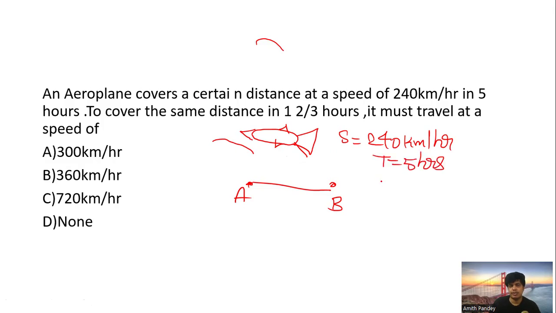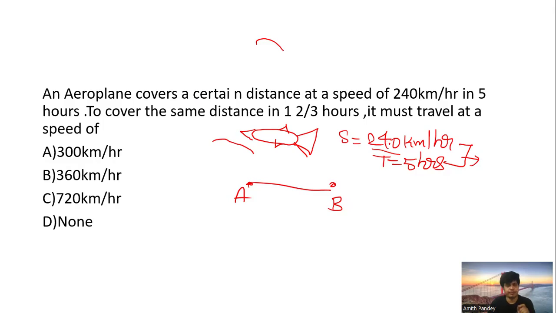Fine. So the next thing they are asking is to cover the same distance. This is the hint. Always remember, in the first line you get the hint to find the distance. If speed is given, you don't even have to use a formula.